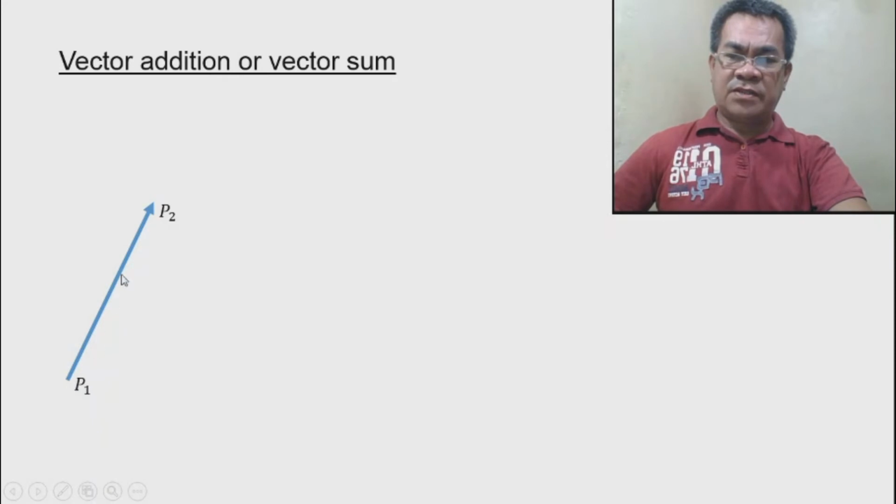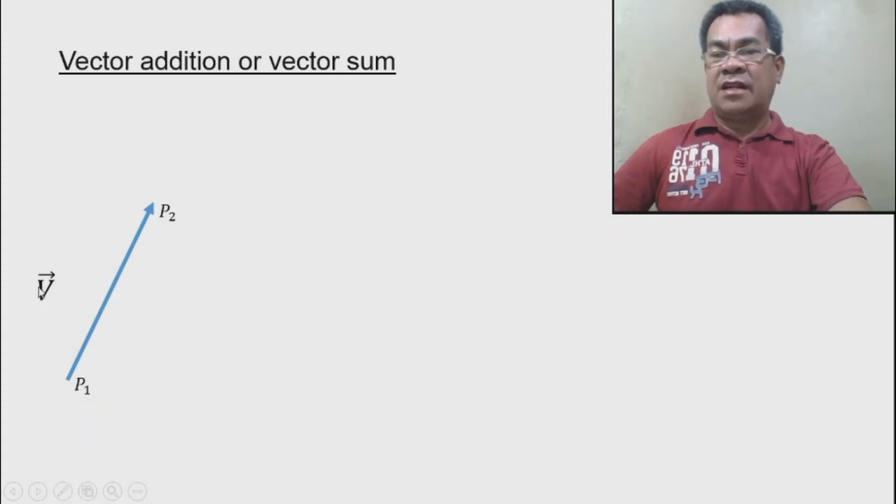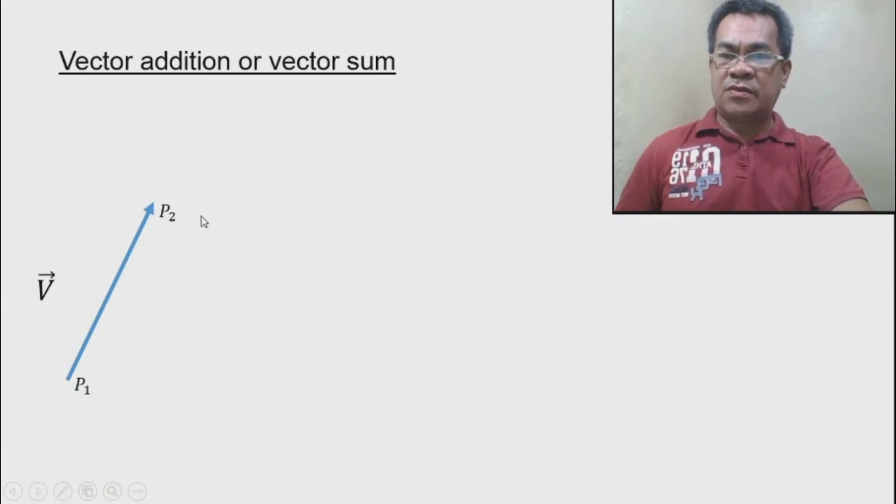Suppose I have this vector, from point 1 to point 2, call it vector B. Now remember, in mathematics, this is the graphical presentation of a vector. It has a tail and a tip, but mathematically, a letter variable with an arrow above is a vector. Understood? Even without the arrow, when you see this drawing with a tail and a tip, there must be magnitude and direction because this is a vector presentation.